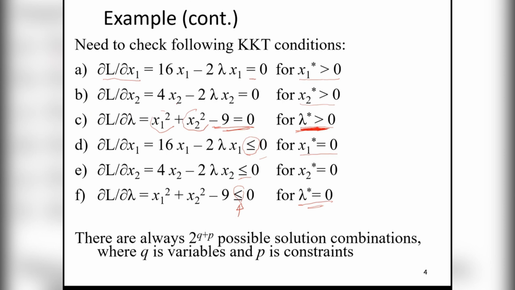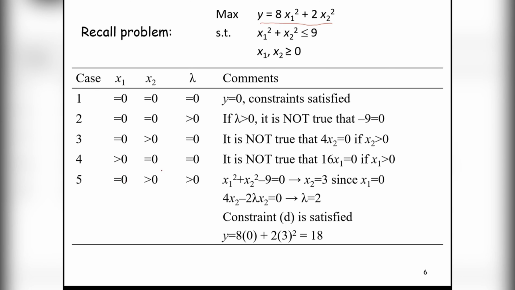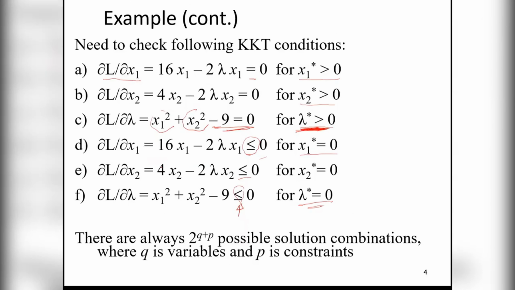x2 is 0, so this is 0. x1 equals 0 and x2 and lambda greater than 0. So x2 equals 0, x1 equals 0, that's this one here. If x1 is 0, then this holds, but these other two are these cases here. All right, lambda is positive and x2 is positive. So let's look here.